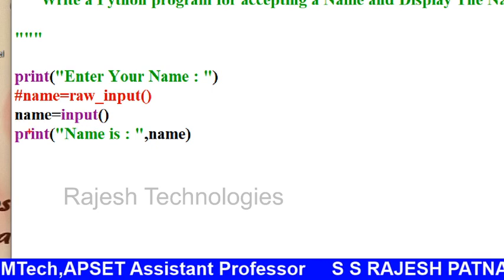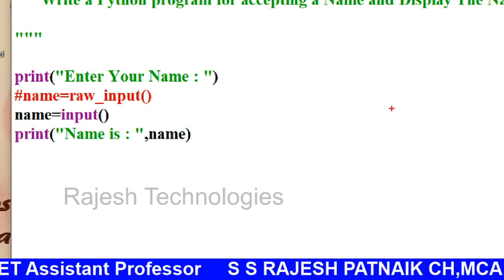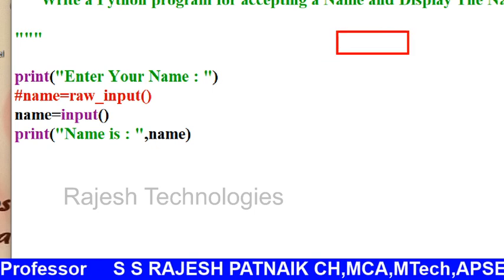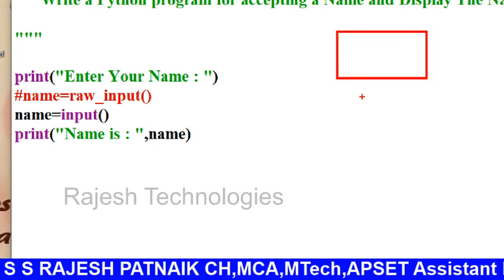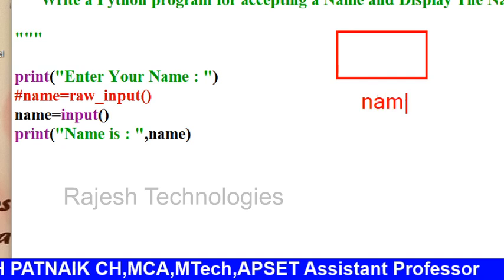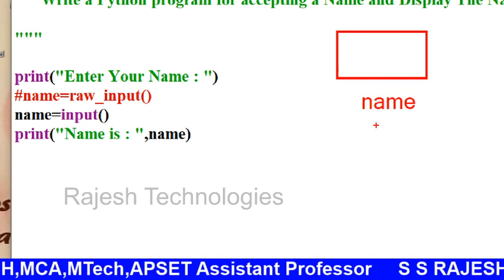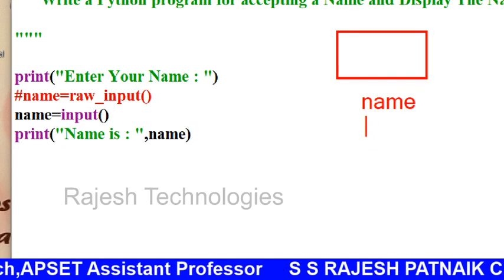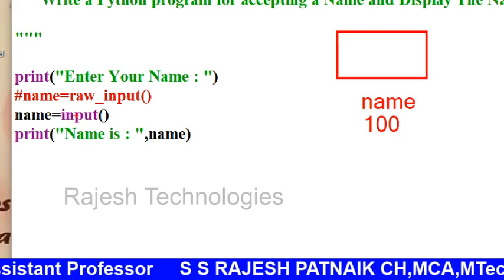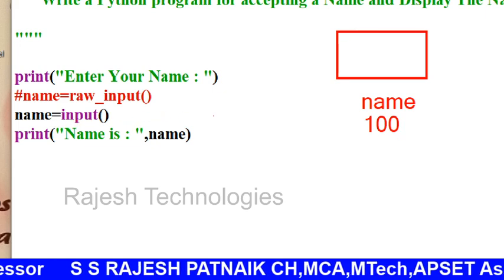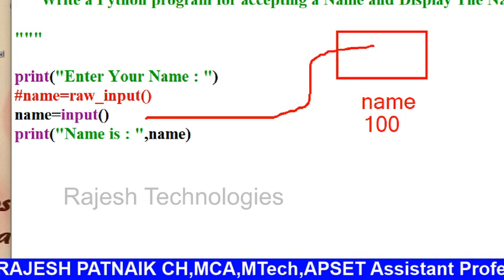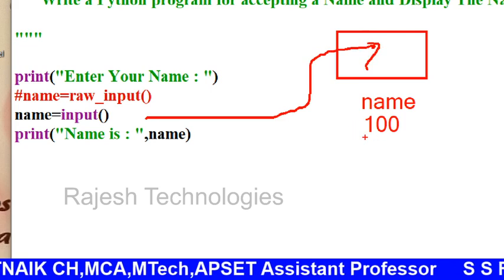In the second line, in the case of Aishwarya's, this one, others for 3.0 onwards, name equals to input. That means name is a variable that was stored in RAM. Name is the object location and it has some address in RAM. So whatever value you entered in the output, the value will be directly stored in this particular location.